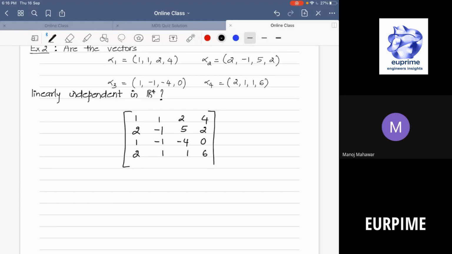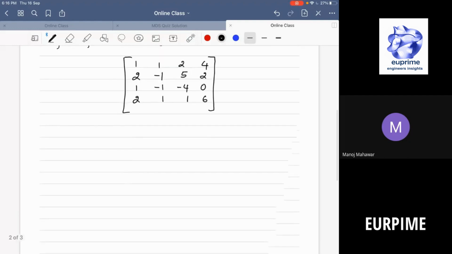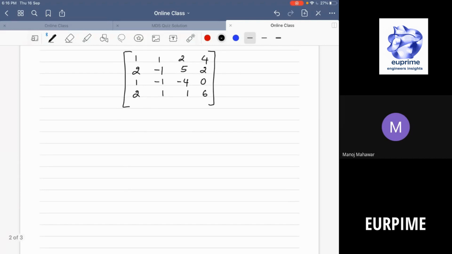To check if these are linearly independent, one way is to check if the matrix formed by these vectors is invertible. So I can use row reduced echelon form.